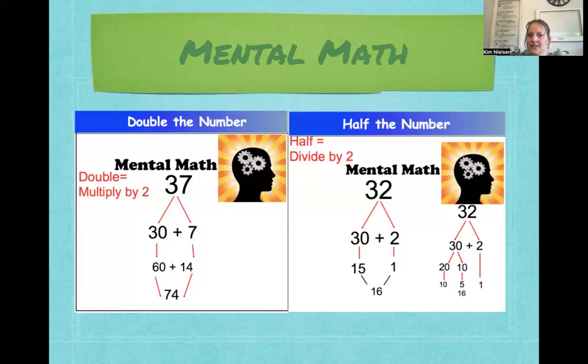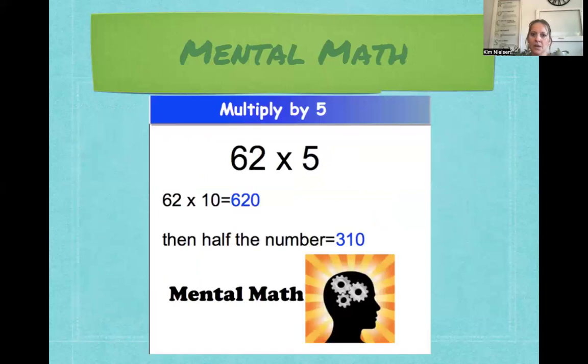Here's an example, kind of like we did before, and you can see how number bonding, decomposing numbers, breaking them apart, helps them to arrive at an answer even if you don't have it memorized. Here's an example of, again, 5s, right? That's harder, but once we have 10s down, which is relatively easy, I know that 5 is just half of 10.